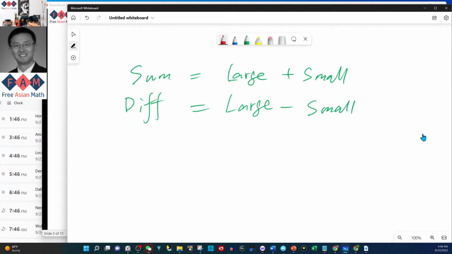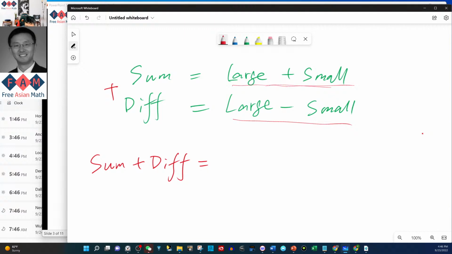Now if we add them up, sum and difference would be simply this guy plus this guy, right? That's just straightforward replacing sum with its equivalent right hand side. So we get large, add small, and then add this guy right here.